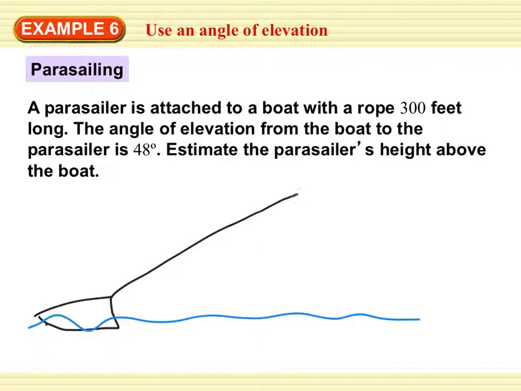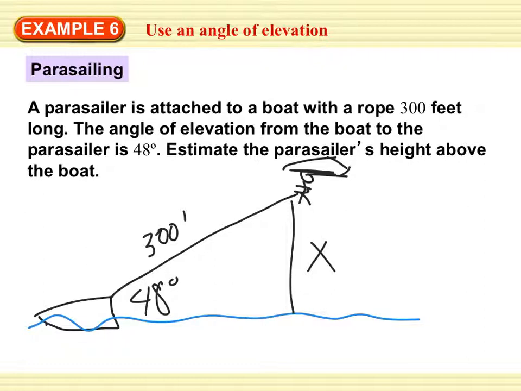I've got a rope, 300 feet, and me with wings, I don't know. I'm not just hanging out there. I think I've got a kite or something above me. The angle of elevation from the boat to the parasailor is 48 degrees. Estimate the parasailor's height above the boat.